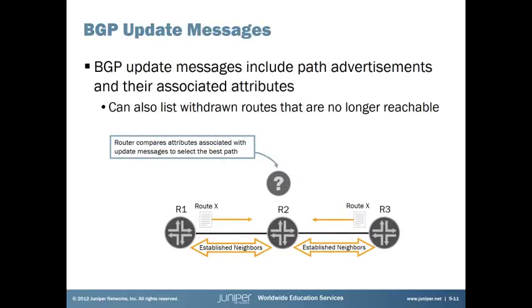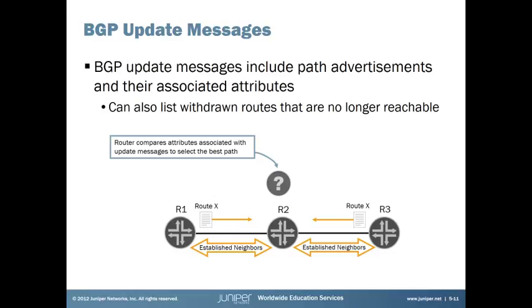What is an update message? Well, it includes path advertisements and their associated attributes. Remember we said that we describe BGP as a path vector protocol. Well, what we're going to see is that some of the information sent with these routing updates is path information. We'll get into exactly what that is and where that comes from shortly. We can send these update messages with their attributes.